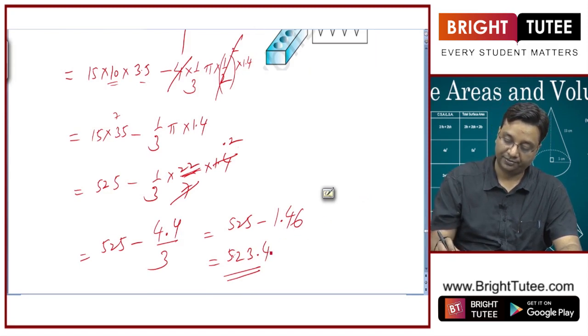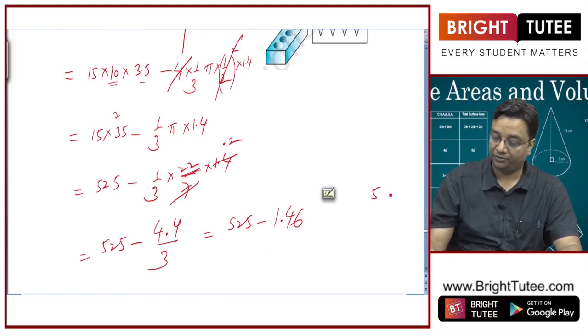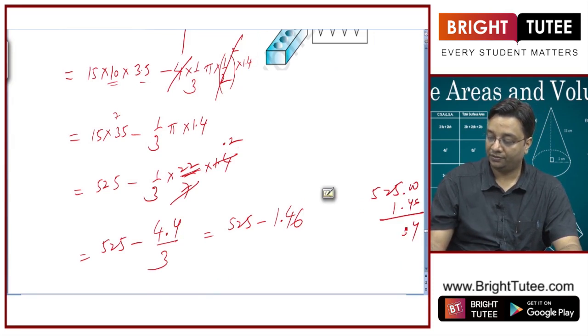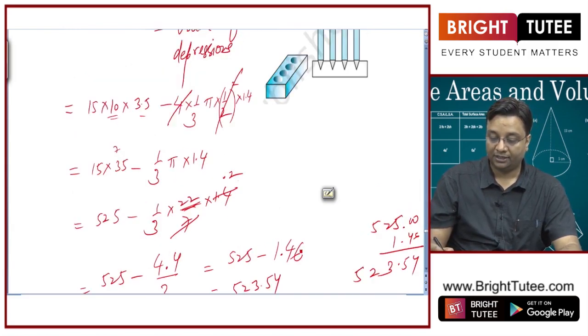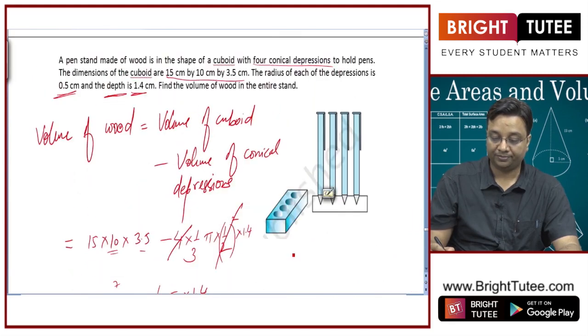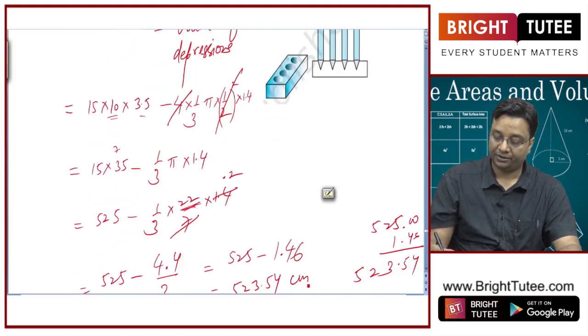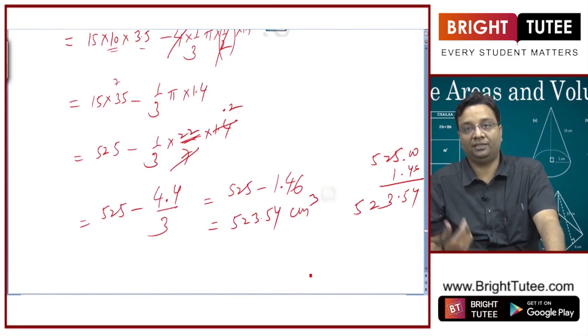Let's calculate it. 525 minus 1.46, this will give you 523.54 centimeter cubed. This much wood will be used to make this pen stand.